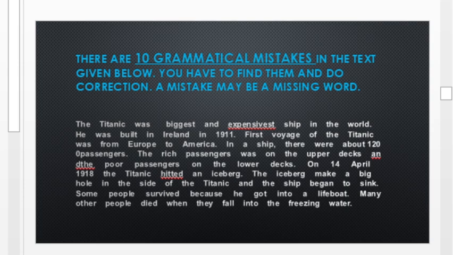Okay, there were 10 grammatical mistakes in the text given below. The obvious ones, if you look at this PowerPoint slide, because we turned on the corrections, that's why you can see what we call the zigzag red line. So if you're writing a report and suddenly this type of red zigzag line comes out, that means it is signaling you that there is a grammatical error.